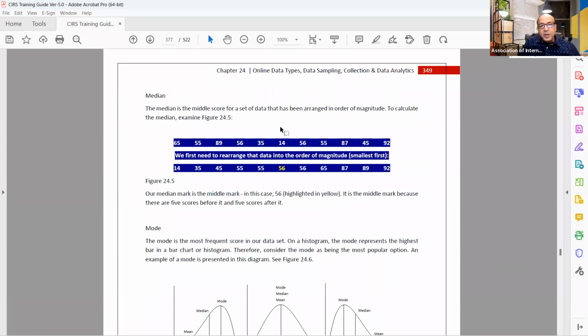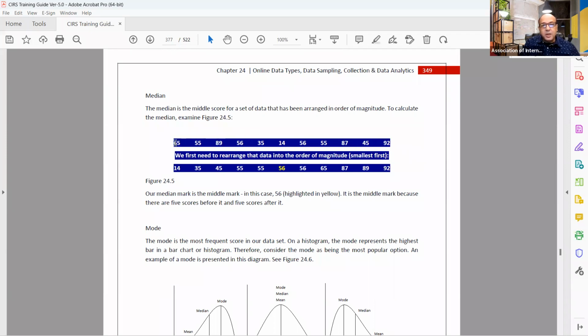Median is the middle number. Remember, when we did sampling, we did every sixth person, but there has to be an organization of the data or the numbers. Let's suppose these are random numbers, or employee numbers, say 65, 55. There's no order to it.